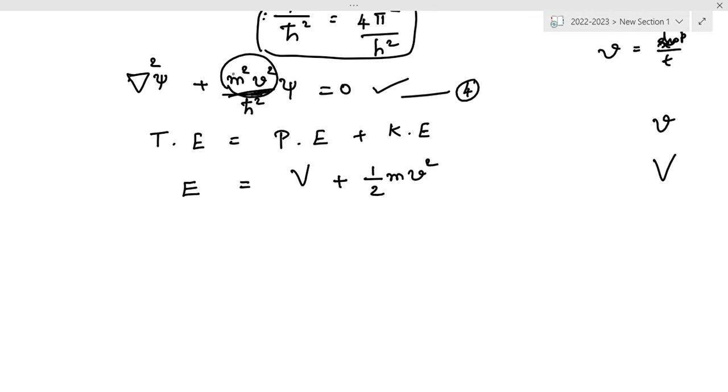Now rearranging these equations so that I need to get an expression for m square v square.